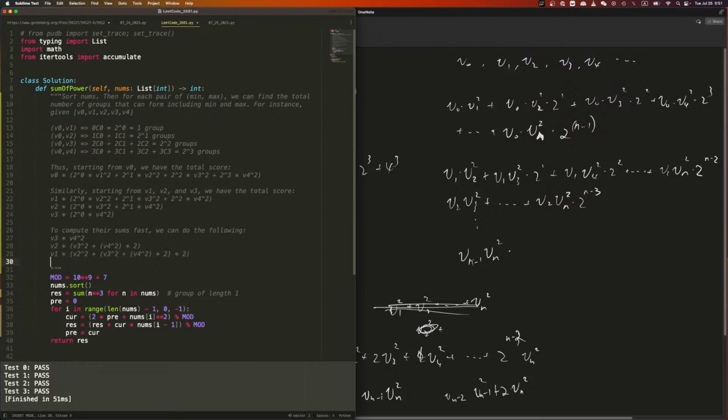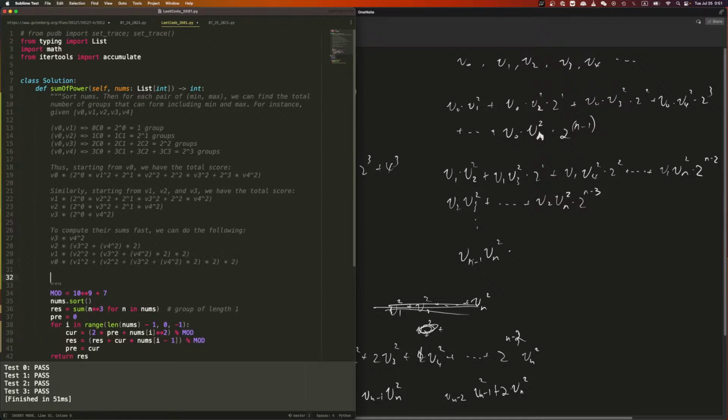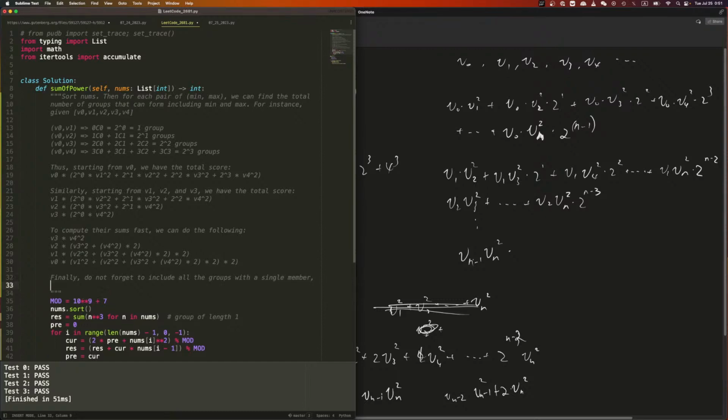Okay, and then v0 times this whole thing, v1 squared plus times 2. And finally, do not forget to include all the groups with a single member, whose score is the cube of each value.